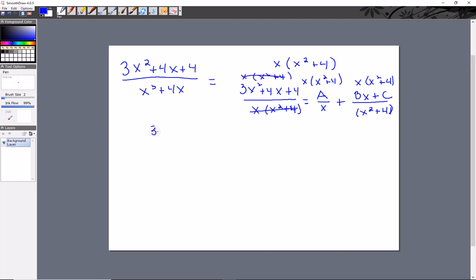So we'll have 3x squared plus 4x plus 4, and that'll equal, we can take out the x from here and here, and we'll just be left with A times x squared plus 4. And then we can take this out, and that will just leave x. So that'll be the quantity Bx plus C times x, like so.